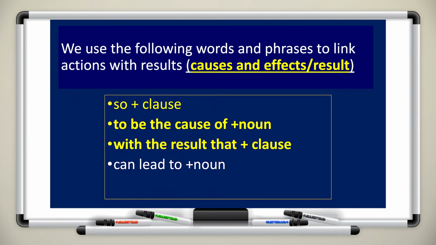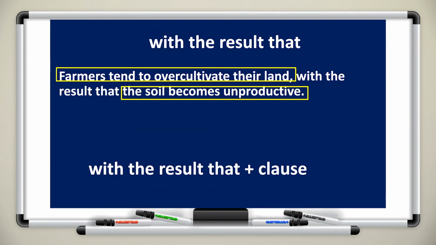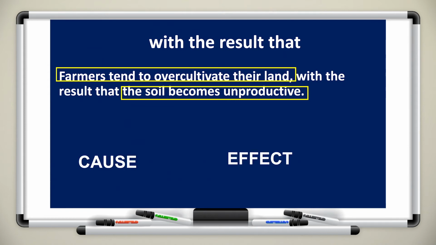Let's move on to another example. Here, we're going to be using with the result that. So we'll say, farmers tend to overcultivate their land with the result that the soil becomes unproductive. What's the cause? Farmers tend to overcultivate their land. That's the cause. What's the effect? The soil becomes unproductive. And you can see with the result that is our linking clause.